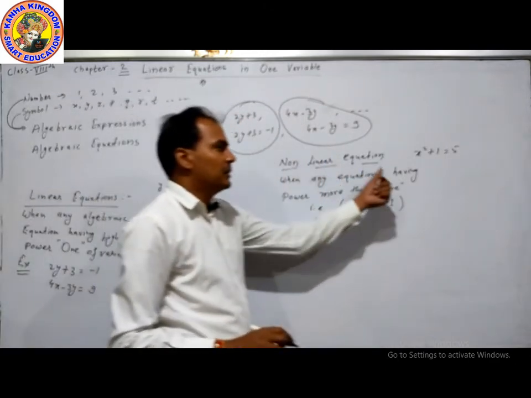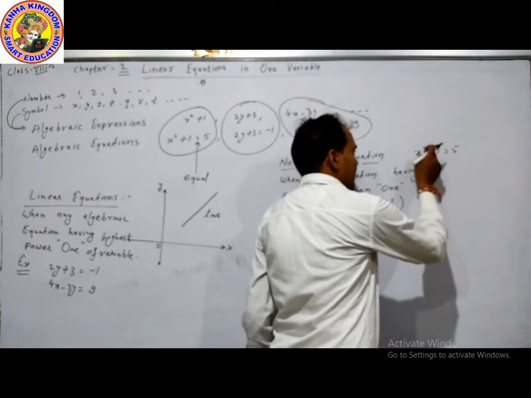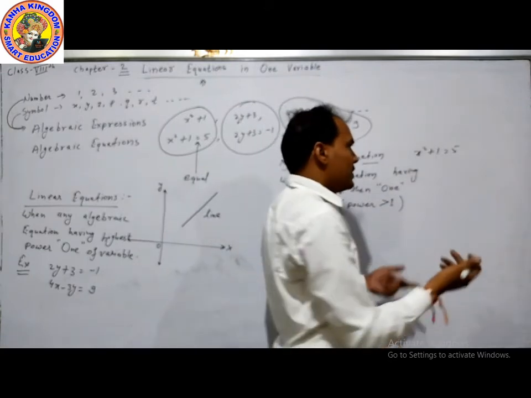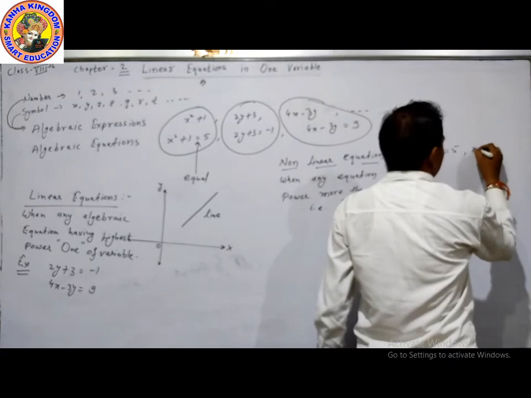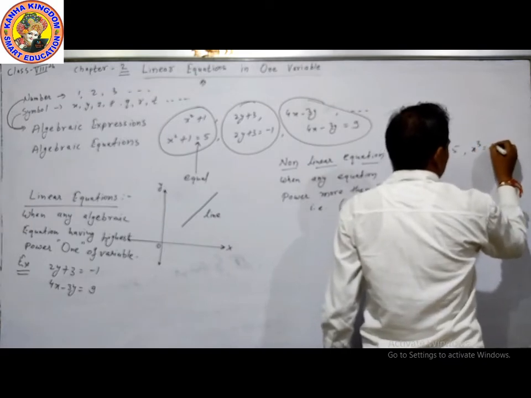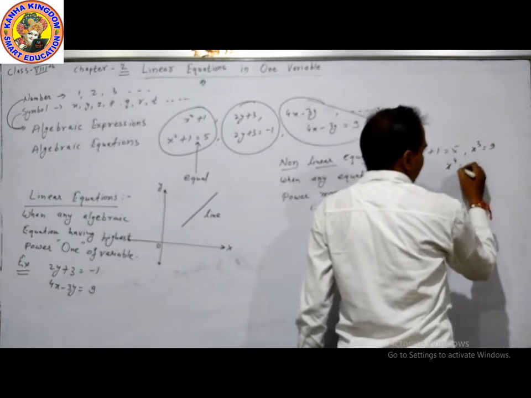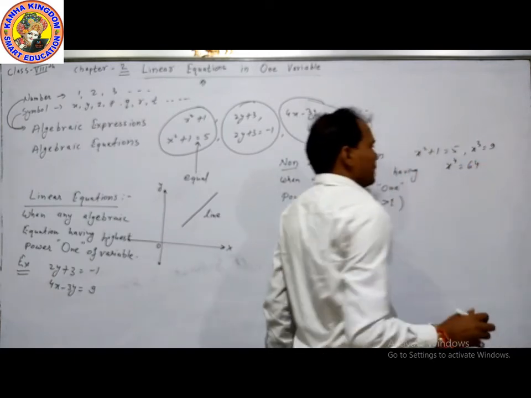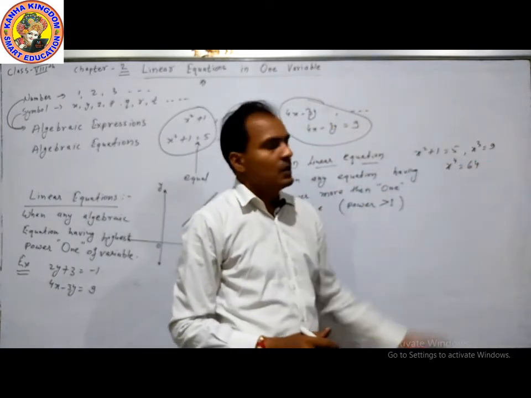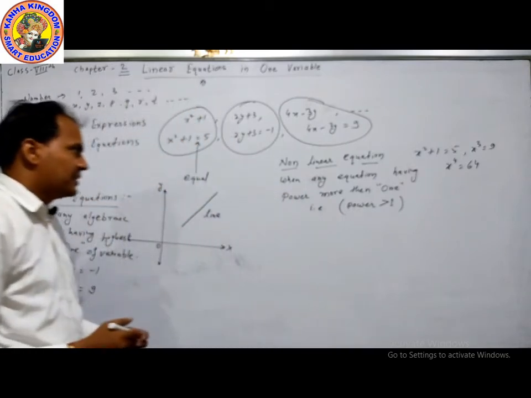This is called a non-linear equation. Here power is 2, power is 3, power is 4. The equation is called a non-linear equation. These are examples of non-linear equations.